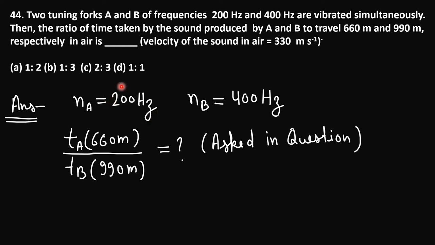Okay, so 200 waves are generating in 1 second, and now you have to find out that, because sound waves are mechanical waves and the vibrating particles are producing sound, the sound produced by these forks travels 660 meter by A and 990 meter by B. So how much time will it take to travel 660 meter and 990 meter, and you have to find the ratio of time taken. Okay, so as I have written over here, this is asked in the question.